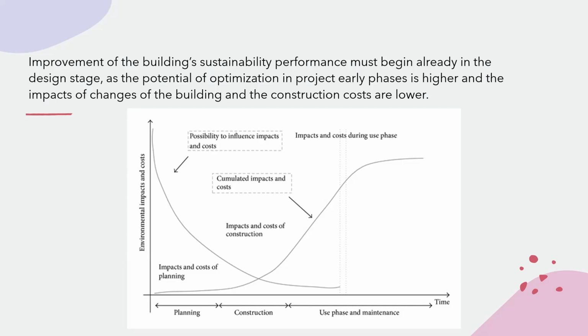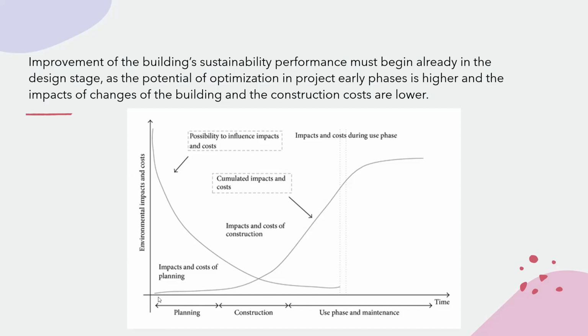You can see in this diagram, which represents a chart with the x-axis representing the time of the construction work and the y-axis representing the environmental impacts and costs. First we have the planning stage, from 0 to a particular instance, the time it takes for the planning.